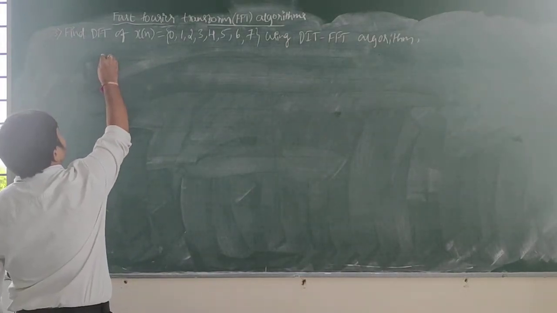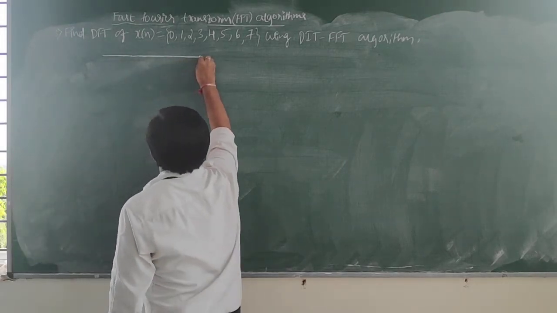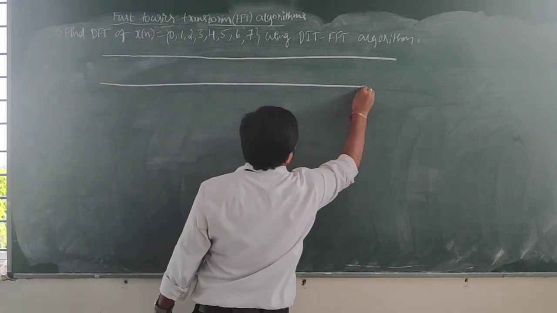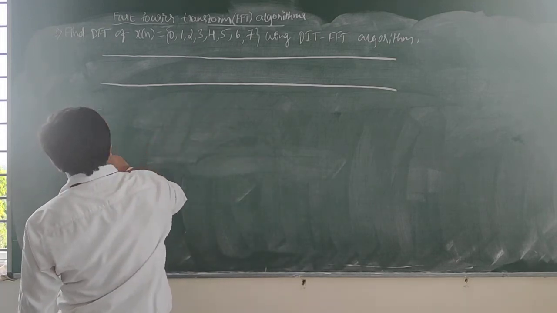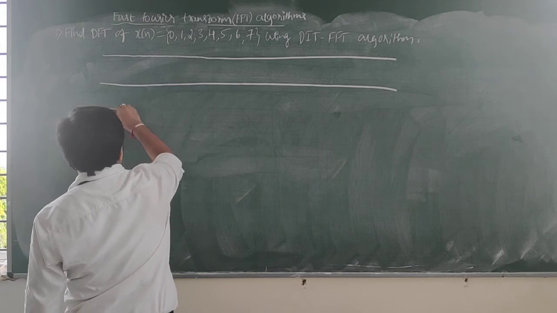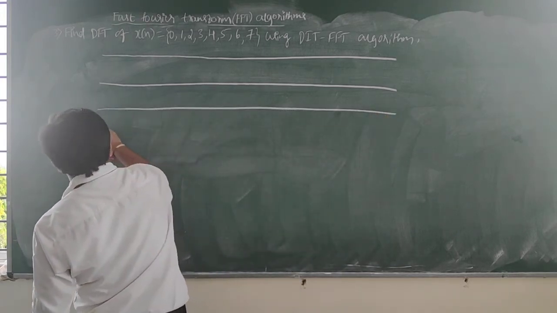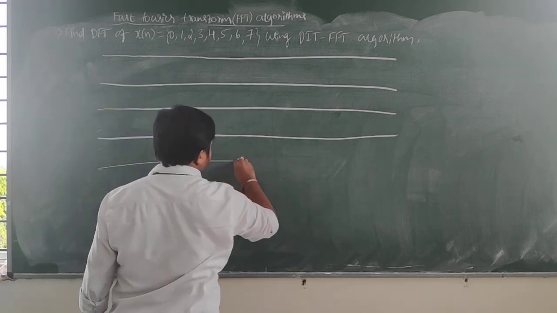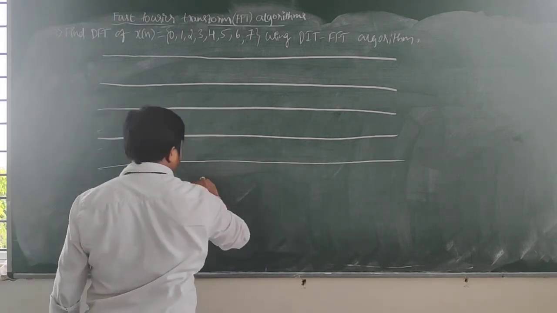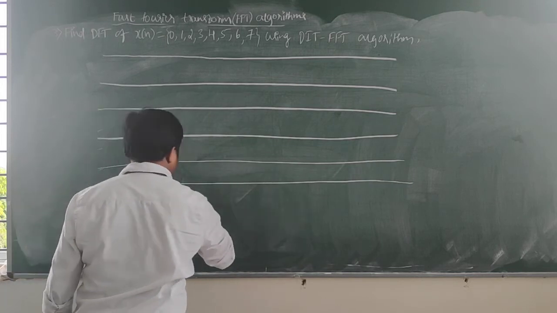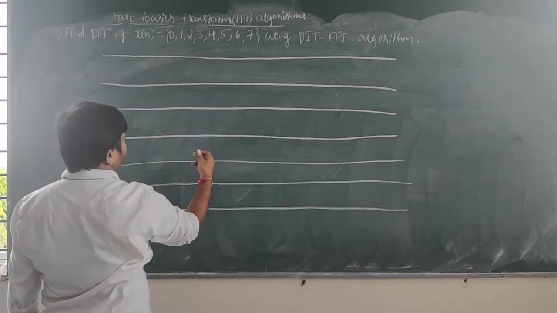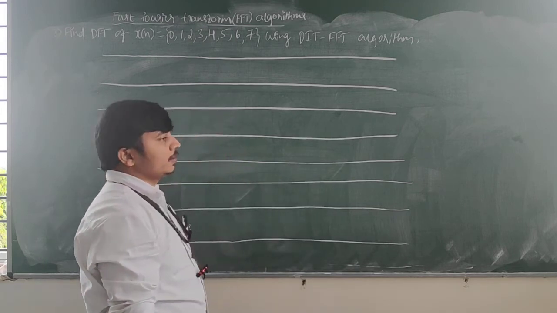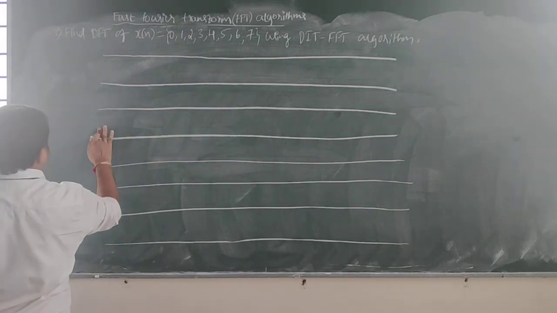Since it is 8-point DFT, I will get 8 lines. So here also I need to give the inputs in a bit reverse manner.